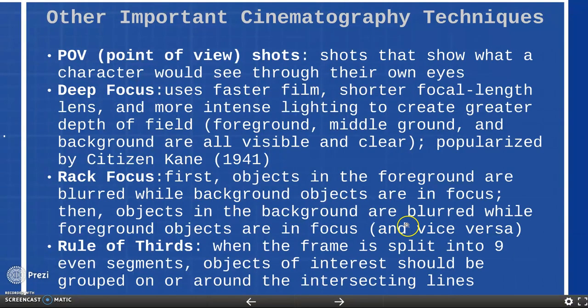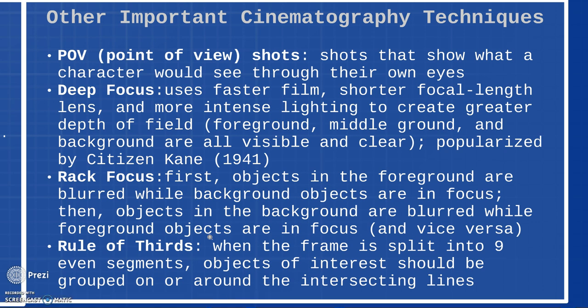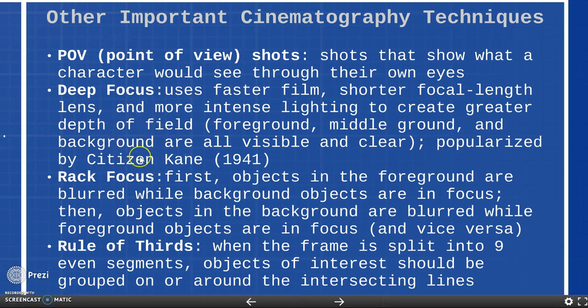And the screen will be split into thirds horizontally and thirds vertically. Objects of interest, the thing that you want your audience members to focus on and look at, should be grouped around those intersecting lines because that is where our eyes naturally focus.